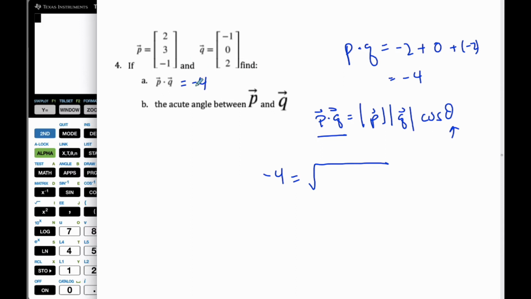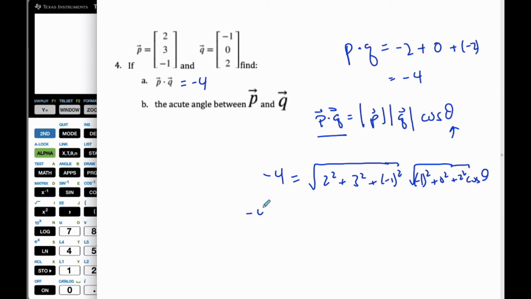The magnitude of P is going to be 2 squared plus 3 squared plus negative 1 squared, coming from here, squaring them all. Similarly, when I go to Q, I get 1 squared plus 0 squared plus 2 squared, and then it is cosine theta.